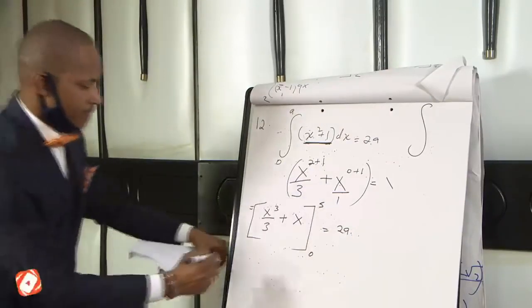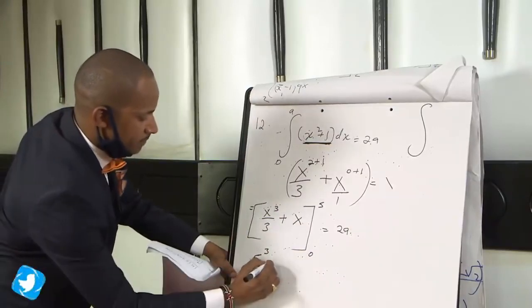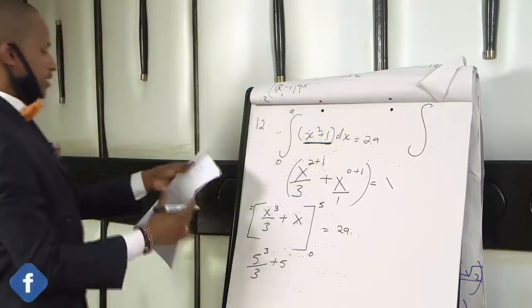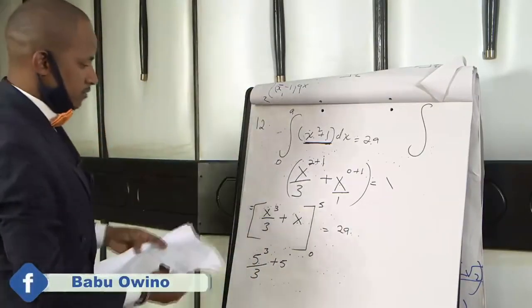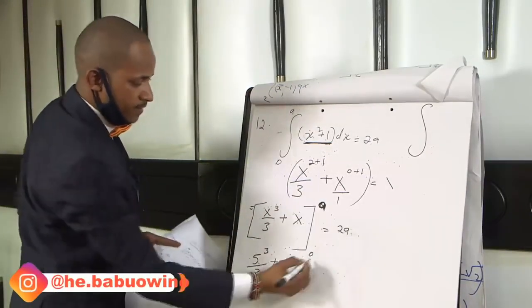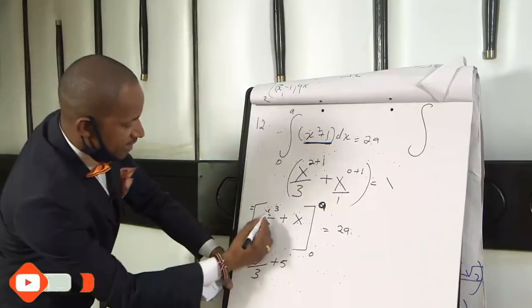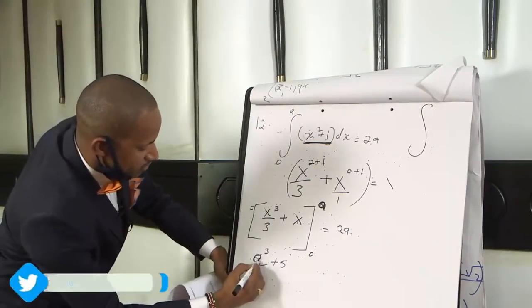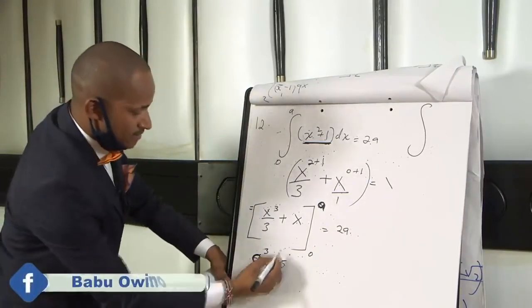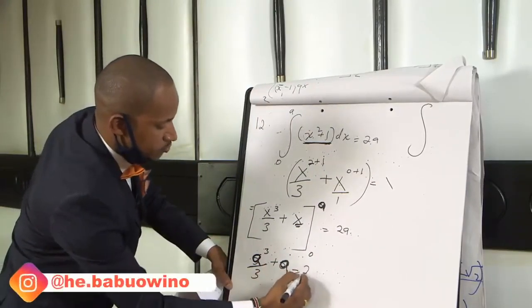Okay, in this case it is not 5, it is a, sorry. This is a and 0. So we are finding the value of a. Where there is x, you write a. So it is a cubed, a raised to power 3 divided by 3, plus a, equals 2a.